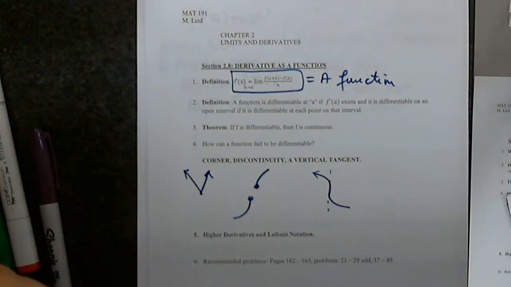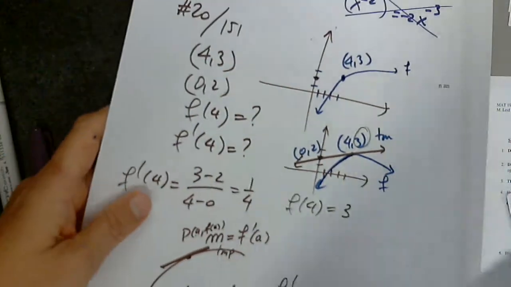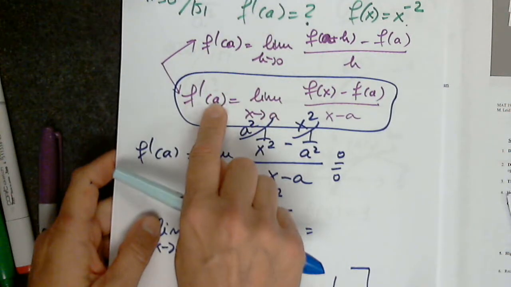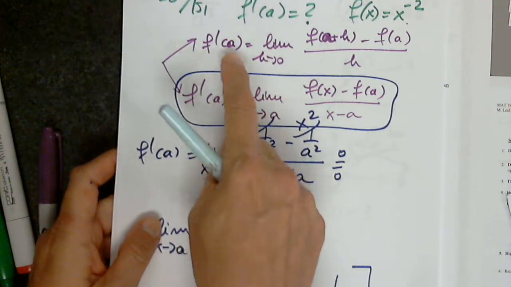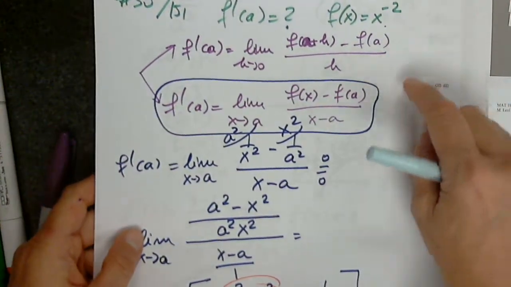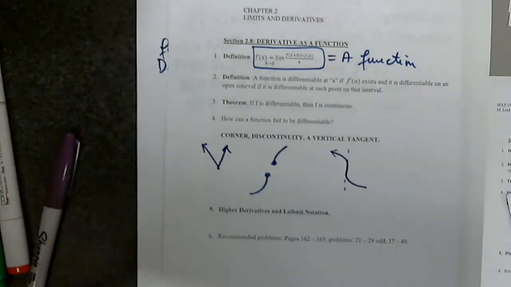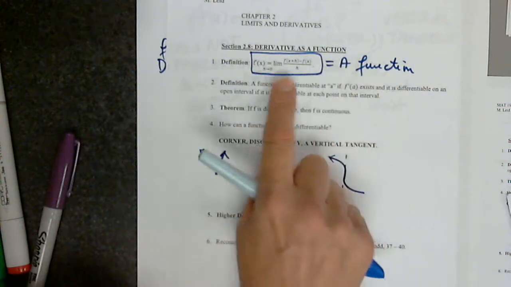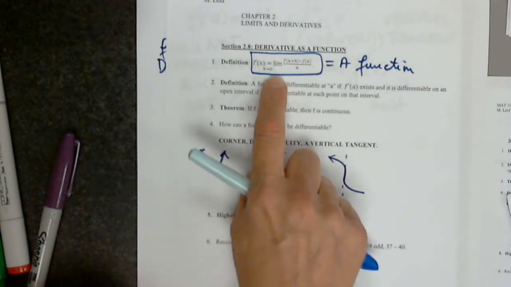These two definitions were specific for a particular point. A point 5, 3, 2, a. Specific for a particular point. The answer is a number. Here, the answer is no longer a number now. And this has only one definition.